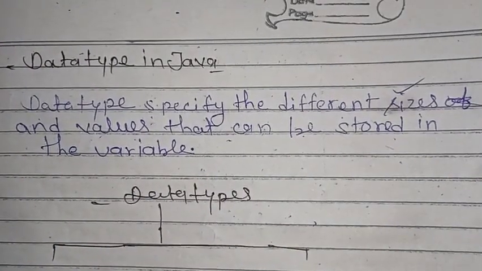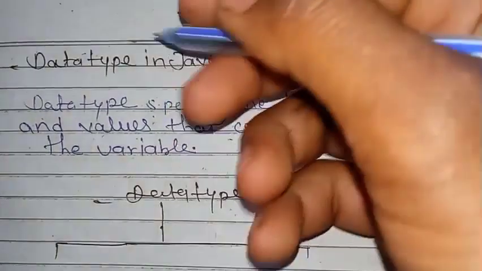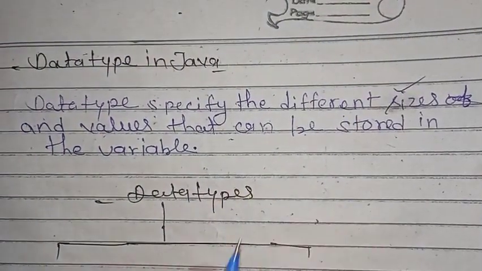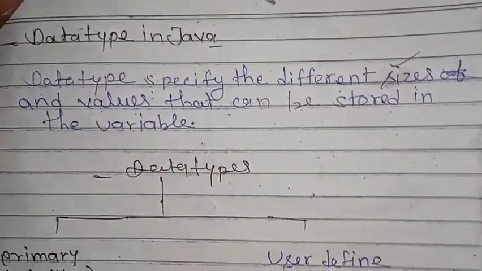The specific values and sizes are defined by what are known as data types in Java. Further, we will study the data types.